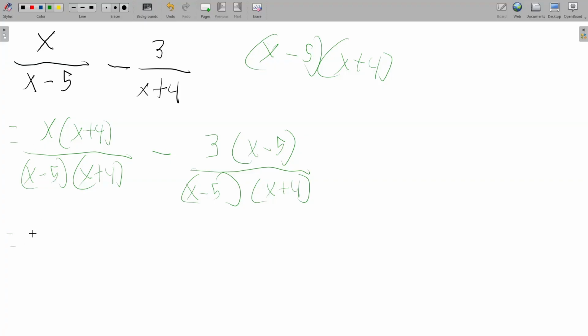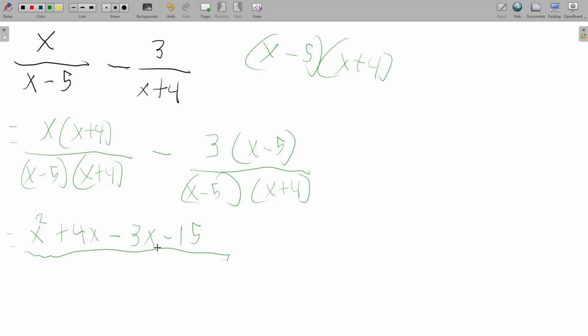Okay, right? What's the top? That's x squared, right? X times x is x squared plus 4x. And then we have a minus sign here, so it's going to be minus 3x, and then that's negative 15, right? And then I'm not going to write it because we can see already, okay, how can we simplify and combine terms here? Well, we had a positive 4x and a negative 3x, right? Those are common terms.